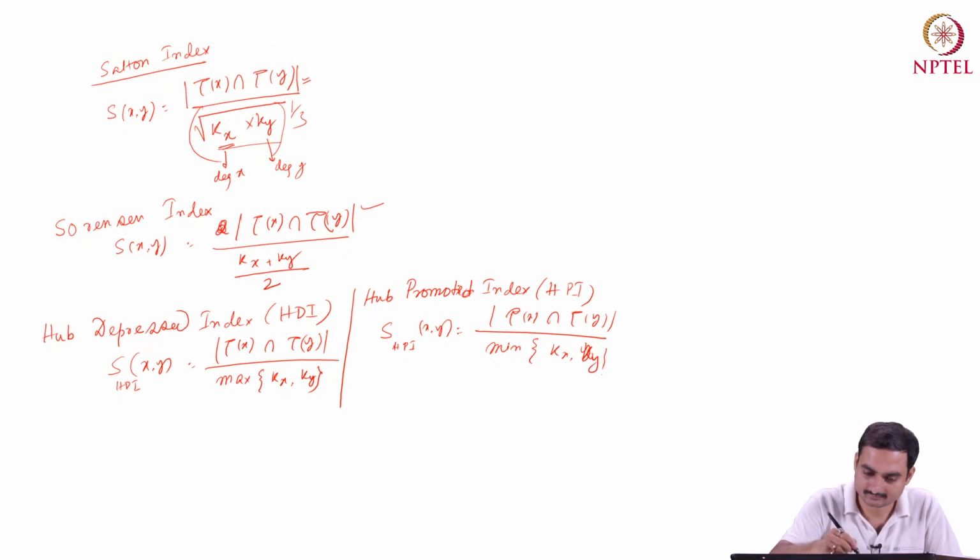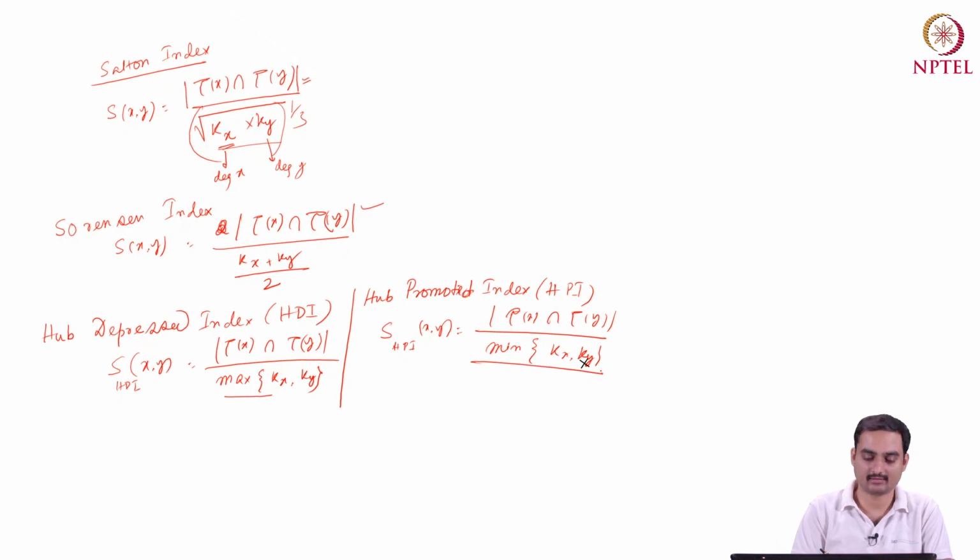Let us look at this denominator carefully. This is called the Hub Promoted Index, meaning that if x is connected to a node y which is a hub, the hub will promote you. Let us say x and y are not connected, and you are trying to understand whether x and y will be connected or not.